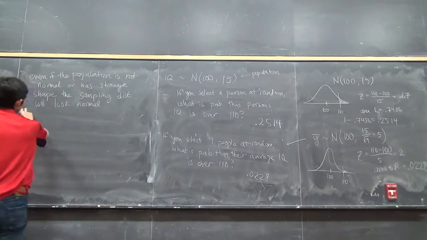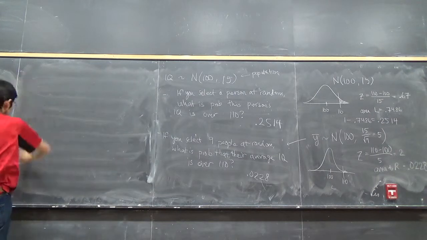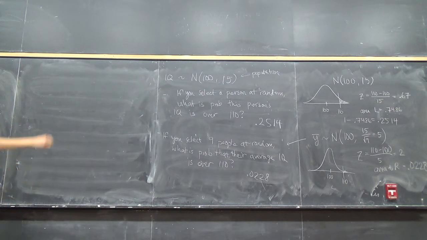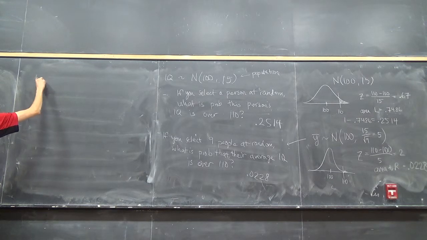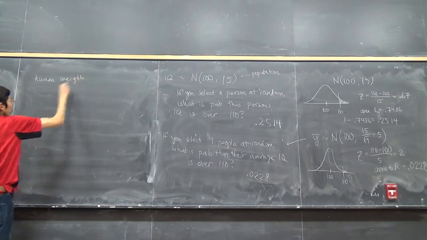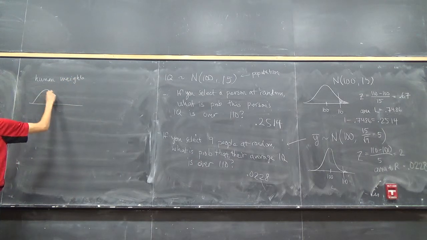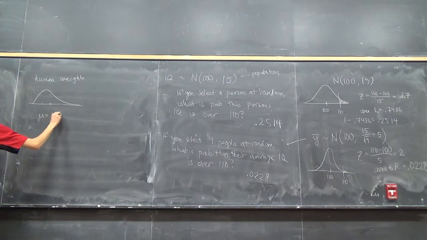So let's say, and I have no idea, but human weight is not normally distributed. Human weight is right skewed. Maybe the mean, and I'm making this number up because I really don't know what it is, is 165 pounds.